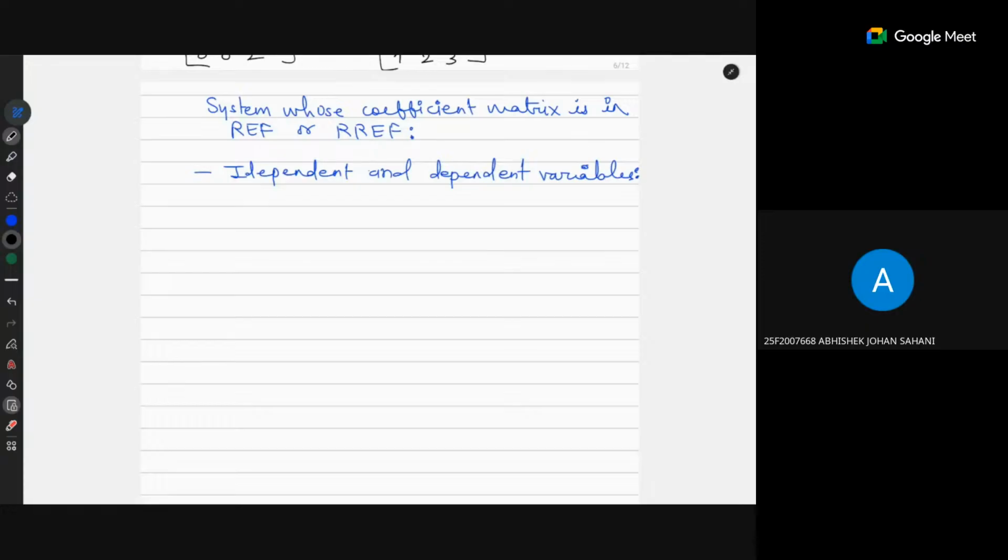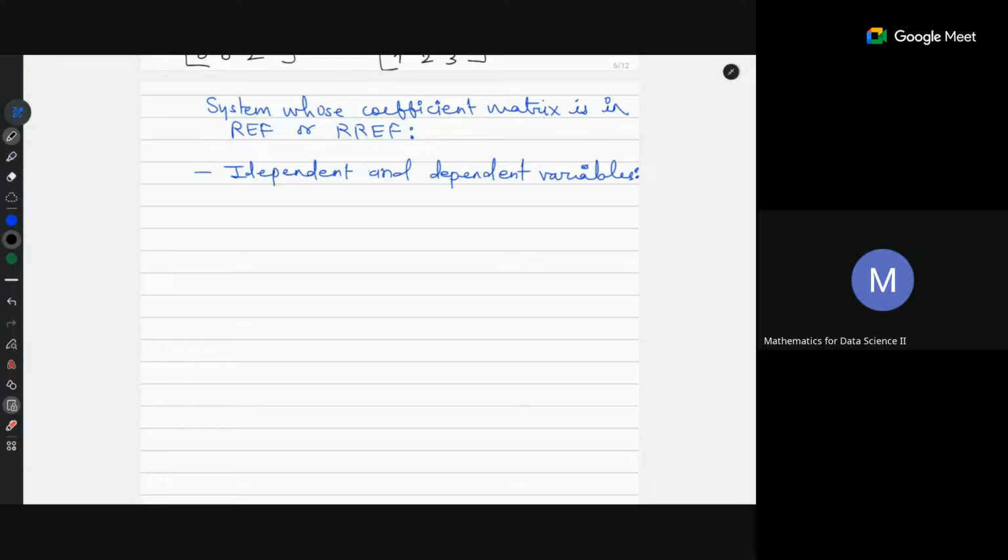If diagonal elements are leading coefficients, first of all, diagonal elements make sense only in a square matrix, so you are working with a square matrix. Second thing, all the diagonal entries are one. Then yes, if the matrix is in RREF form, all the other non-diagonal entries will be zero. All right.